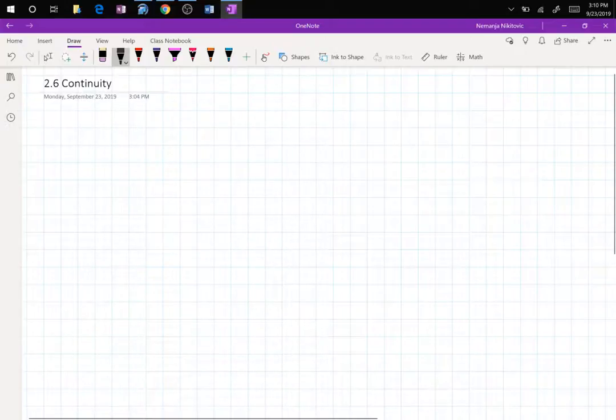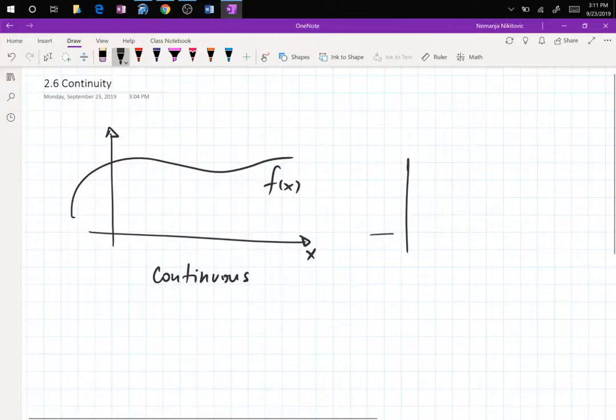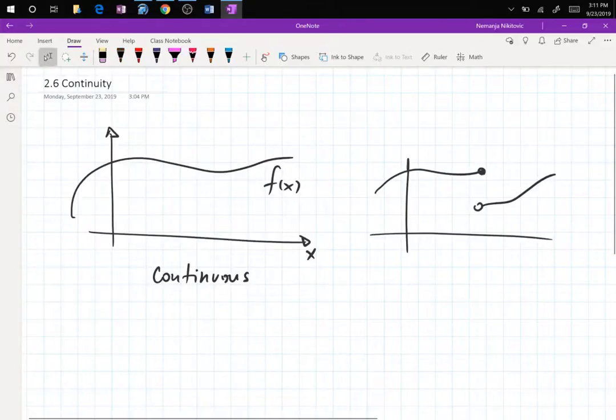So, yeah, we can technically say that something that looks like this, for f of x, would be continuous. And something that would look like this would be not continuous, or we say discontinuous.